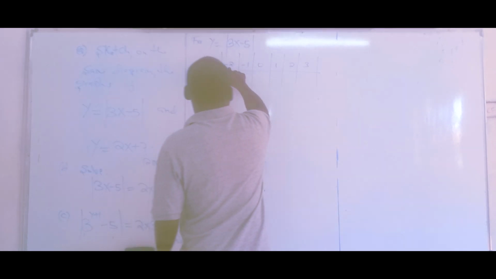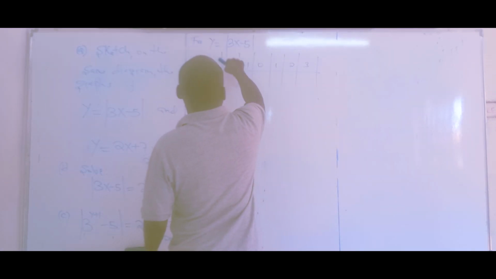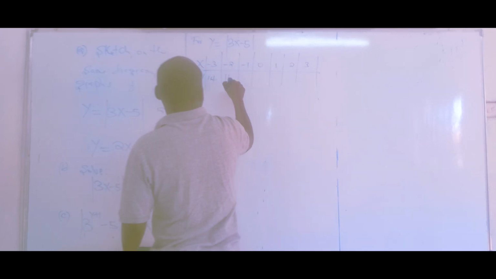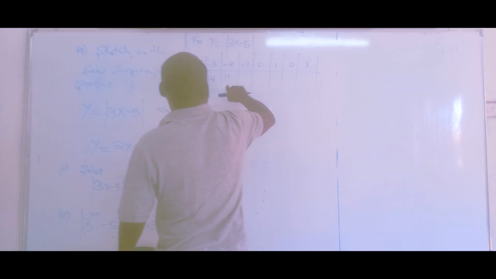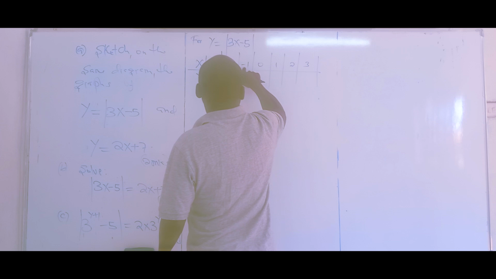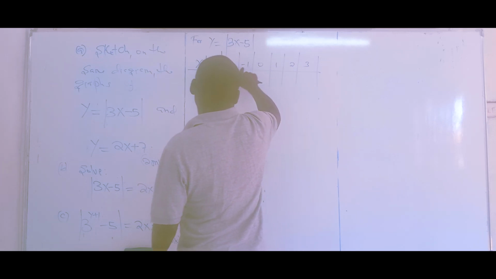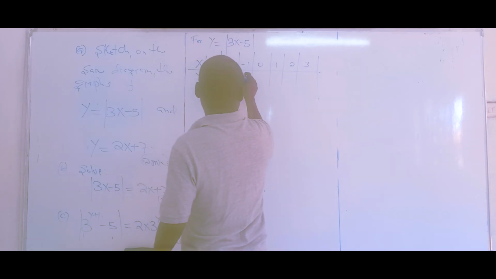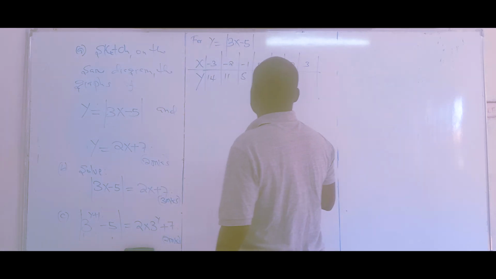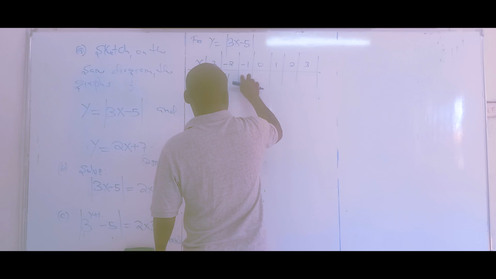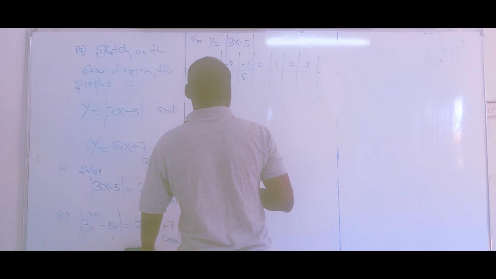When it is minus 2, that should give us minus 6, minus 5, which is minus 11. But we take 11 because of that condition. When it's minus 1, then we have minus 3, minus 5. We take positive 8.